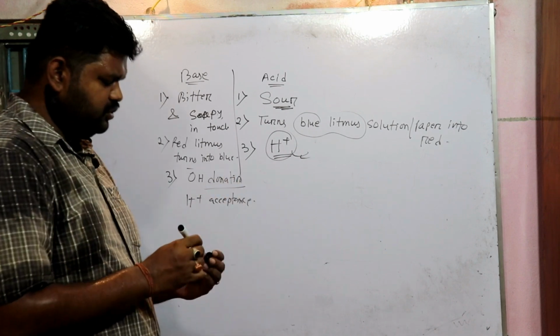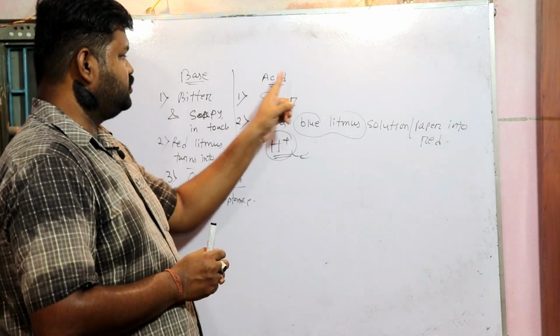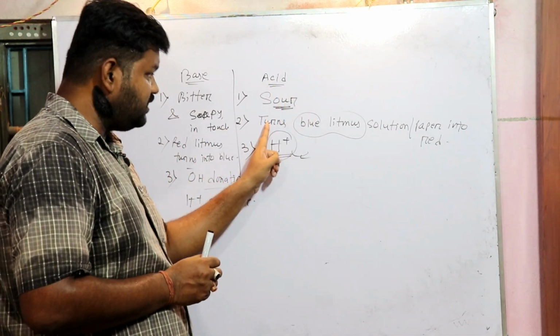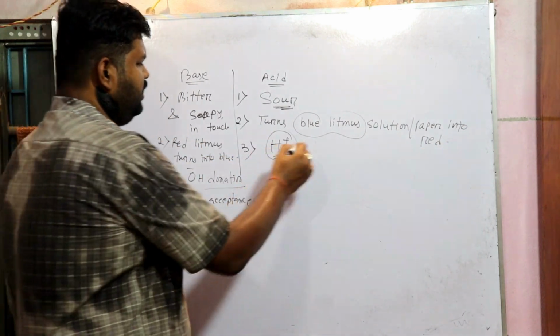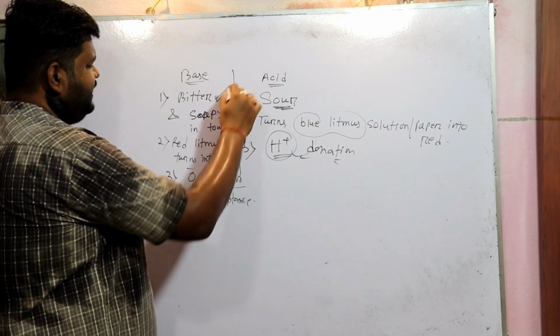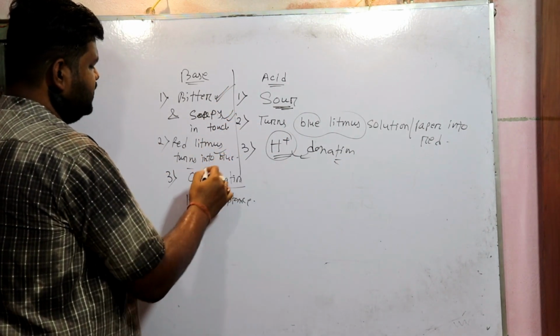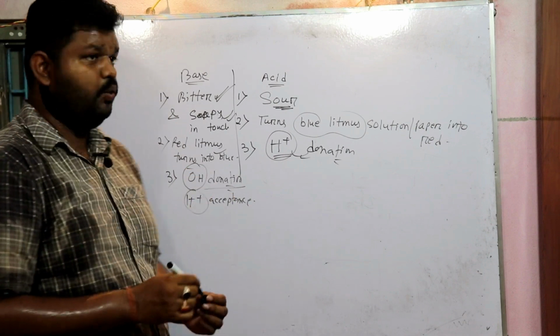Is it clear? So these are the main characteristics of acid and base: sour in taste, turns blue litmus solution into red, H plus ion donation in aqueous medium; and a base is bitter in taste, soapy in touch, turns red litmus into blue, and OH minus donation or H plus acceptance will be known as base.